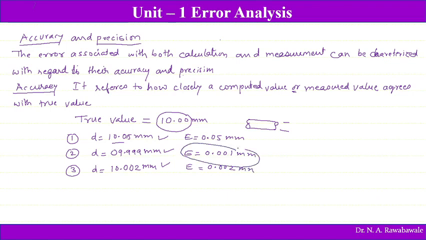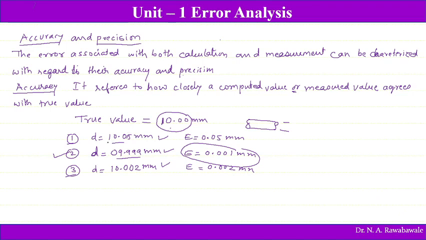That means the second answer is more accurate. That is nothing but this answer D is equal to 9.999 is very close to the true value, and that's why we refer to the second answer as more accurate, or having higher accuracy, compared with the first and third answers. So this is what we call accuracy. We define accuracy as the degree of closeness to the true value. The actual diameter of the shaft is 10 mm, but we measure it using some devices.